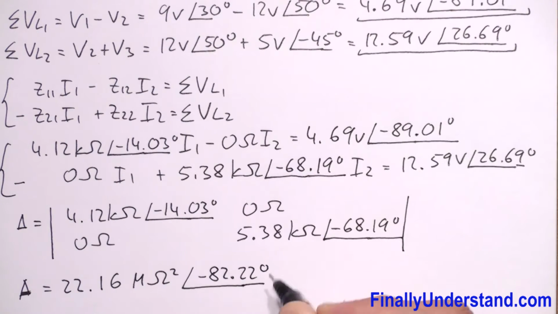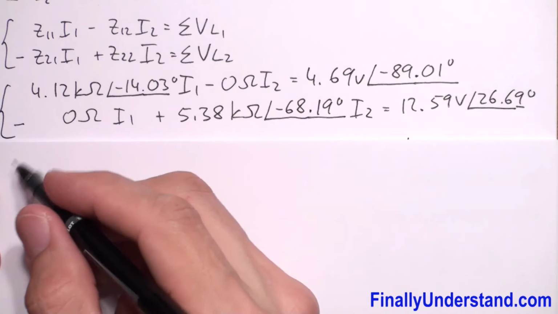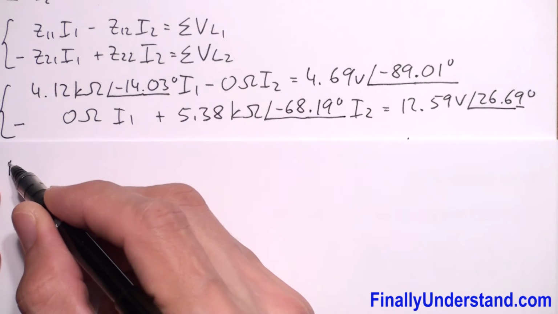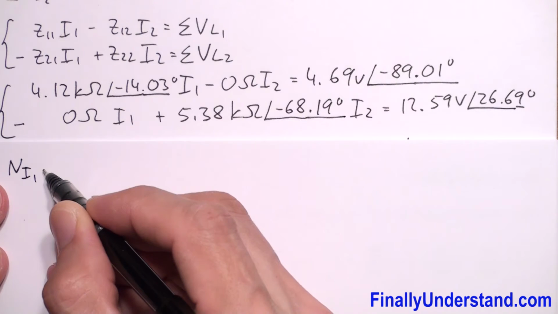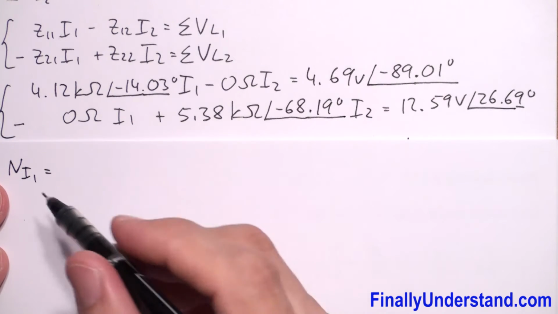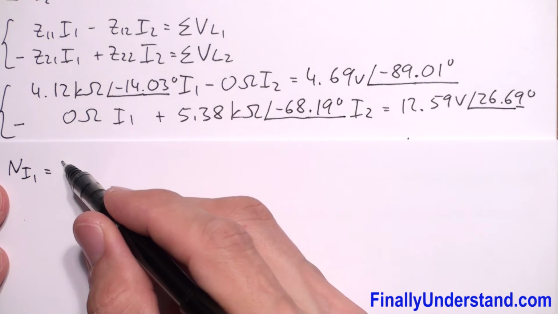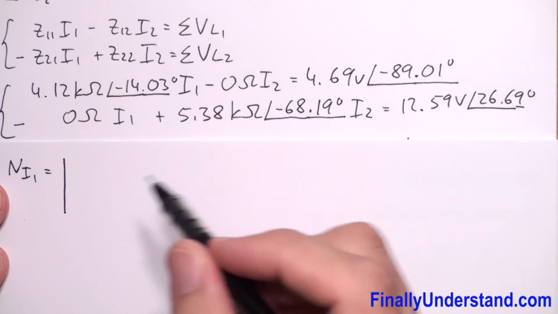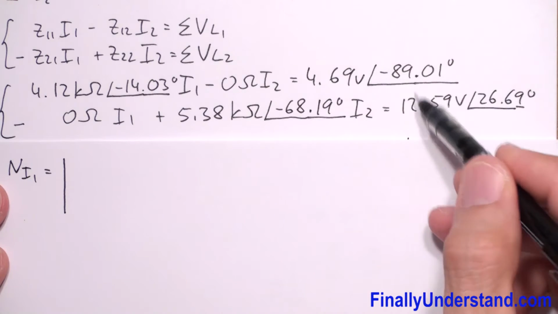82.22 degrees. So this is my delta. Next, I'm supposed to find the number I call NI1. This is the number which is going to help me find the current I1. What I'm supposed to do is simply replace the column I1 by the voltages.